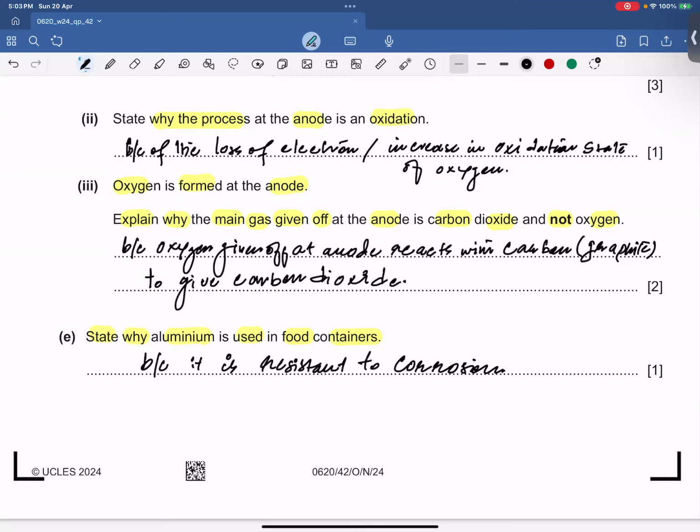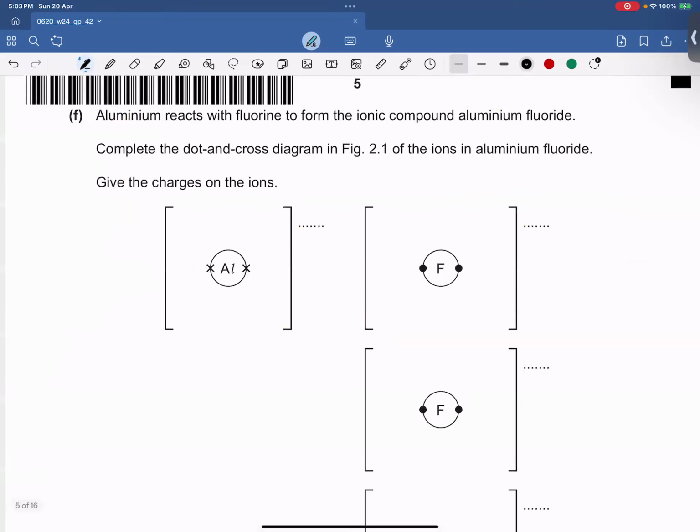Okay. Next, aluminum reacts with fluorine to form the ionic compound aluminum fluoride. Complete the dot and cross diagram in figure 2.1 of the ions in aluminum fluoride.